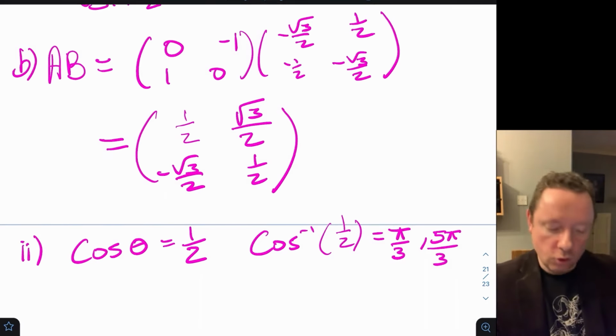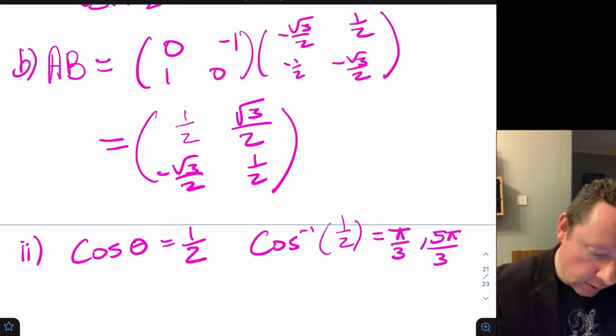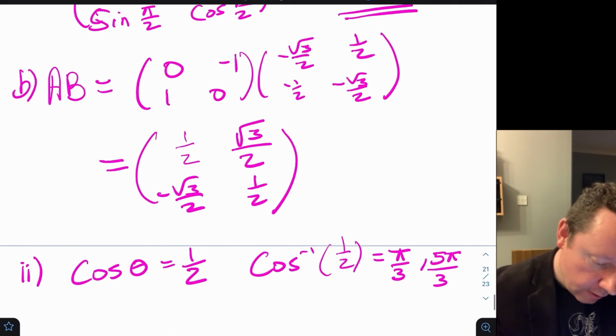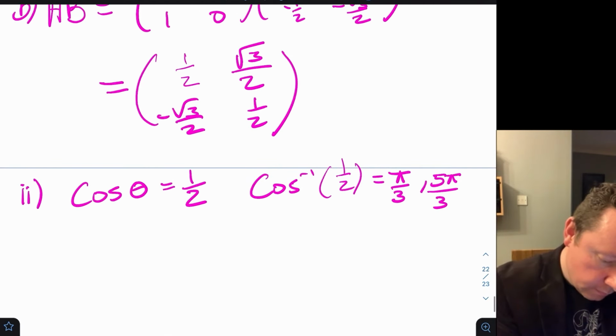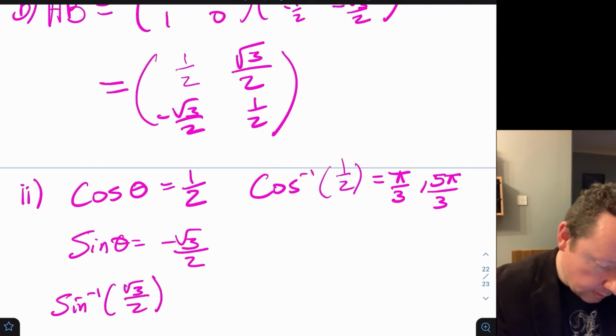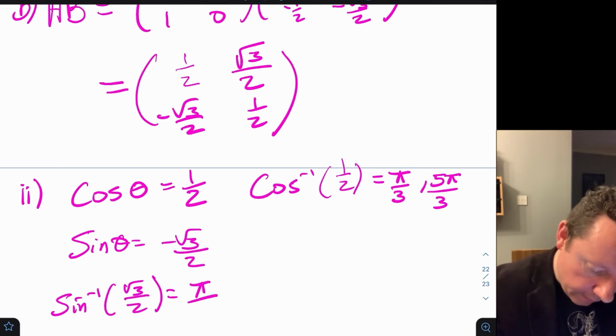So it's one of those two, so when we need to examine another one, let's examine this one here, sin theta. Sin theta is minus root 3 over 2. The inverse sine of root 3 over 2 is simply pi over 3.